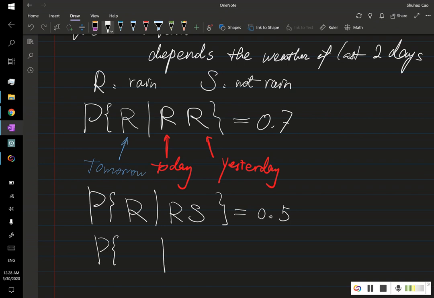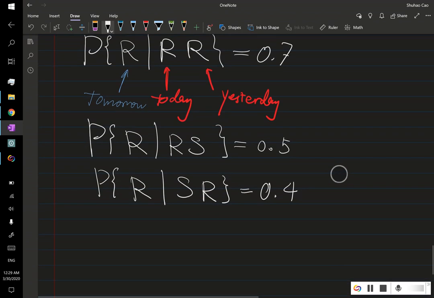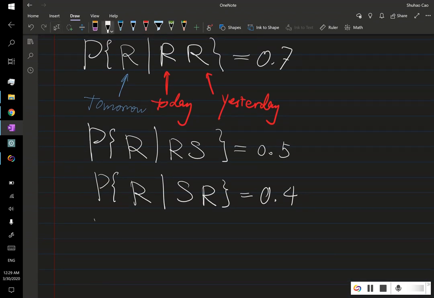If it rained yesterday, but today we have sunshine, then it will rain tomorrow with probability 0.4. Lastly, if today we have sunshine and yesterday we have sunshine, then tomorrow we have only 0.2 chance of rain.